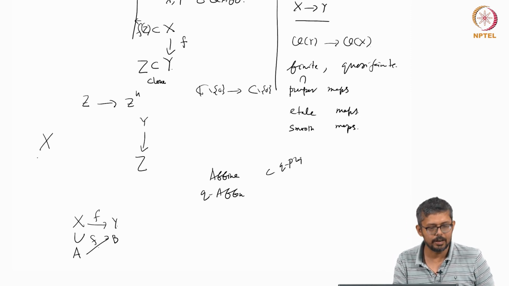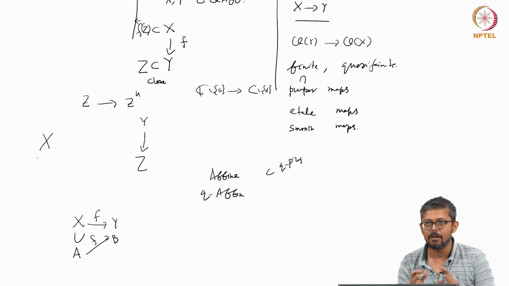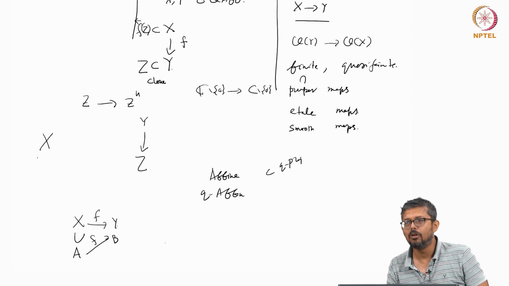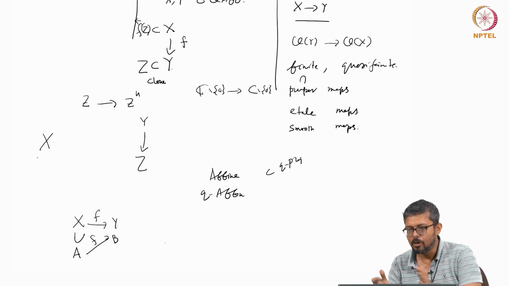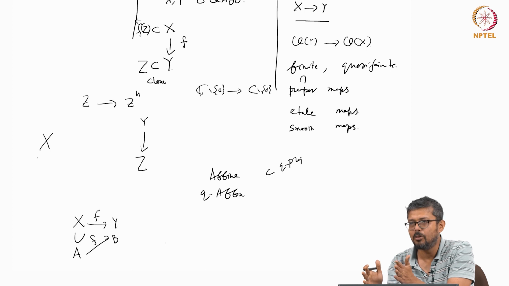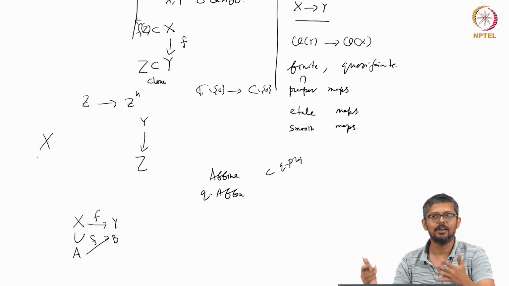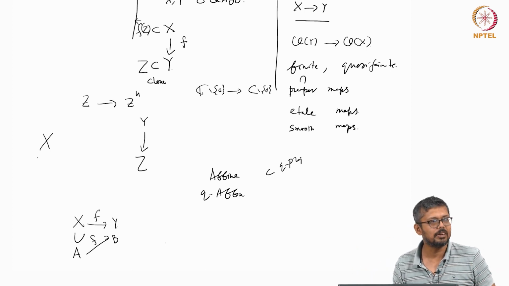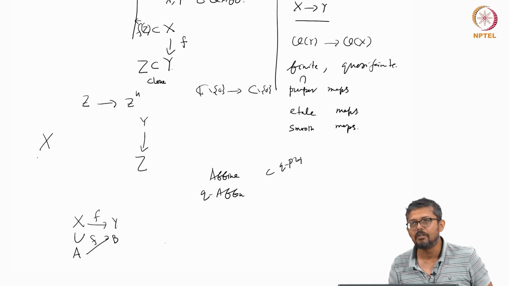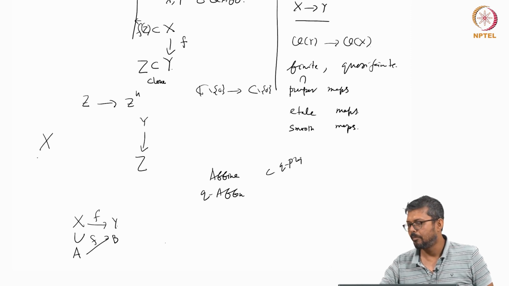The map is called affine if this is the situation: if you have an affine open subset, the inverse image is also affine. So it's a map of affines. These are called affine morphisms. In the affine morphism case, everything can be reduced to the local model. So first one should understand how this map behaves in the affine case. Then only can you do further generalization and further study. Yeah. So I will stop here.